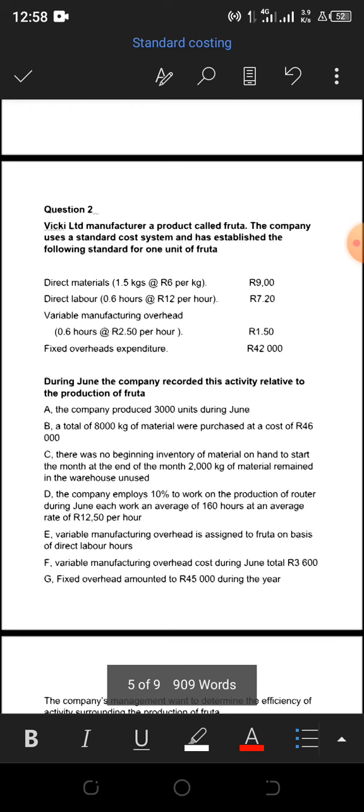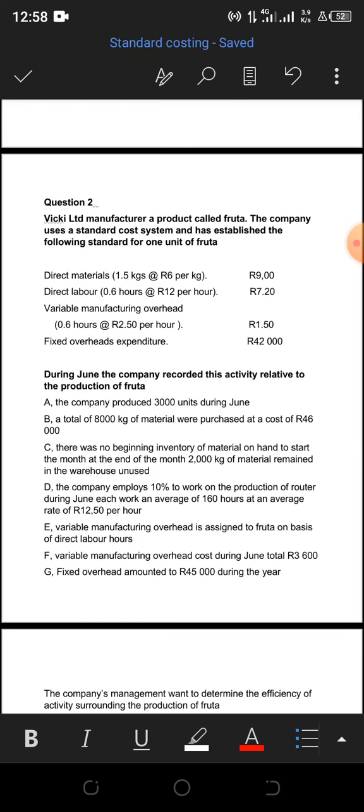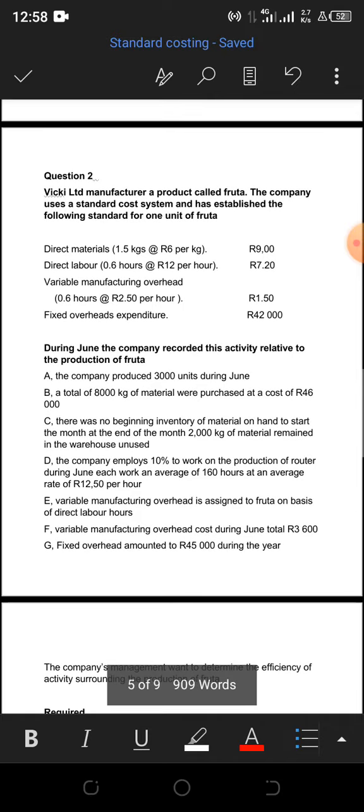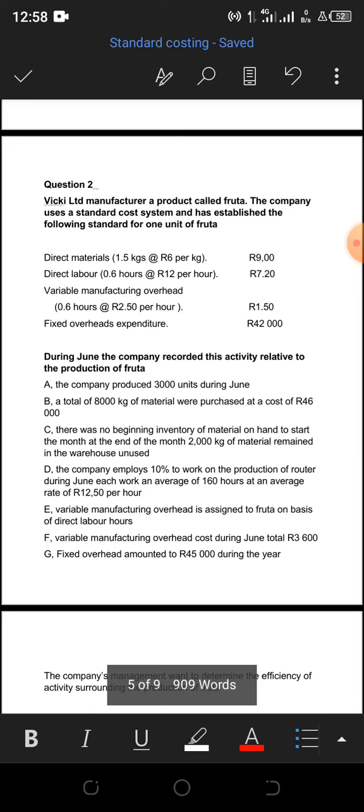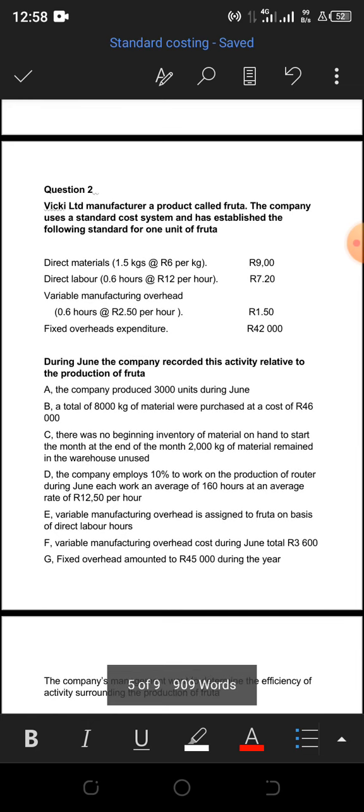Okay, let's go to number C. They say there was no beginning inventory of material on hand to start the month. Then at the end of the month, 2,000 kilogram of material remained in the warehouse unused, which means that out of that 8,000, we have to subtract 2,000 because it was not used.